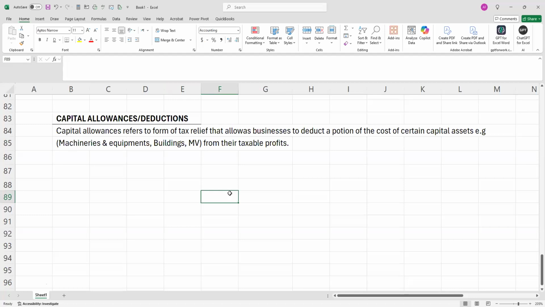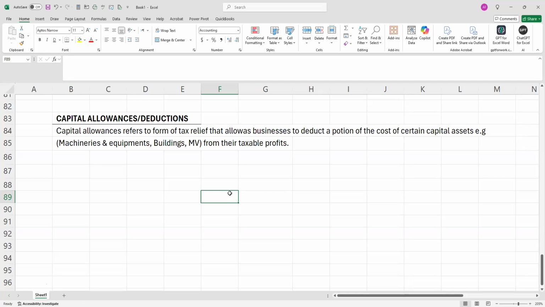A simple concept as that, whereby you need to understand that anytime you're talking about capital allowance, all that we normally look at is always a portion of the cost of the item that you're considering. So it is nothing complicated, my dear students. It is as simple as this.